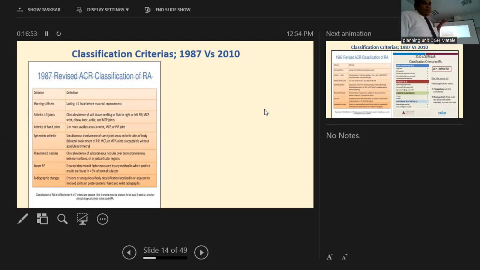With these criteria, you don't need a specialist or a medical officer to diagnose rheumatoid arthritis. Even a layperson can most of the time make the diagnosis if we use this criteria, because you are picking the patients at the end, or once you have developed rheumatoid arthritis.